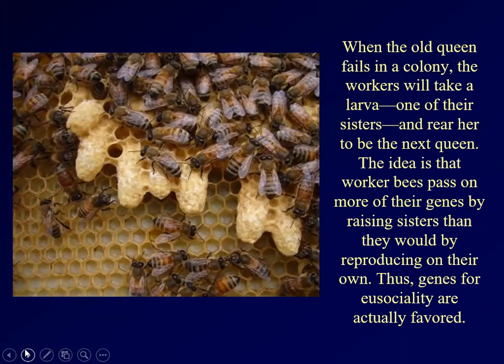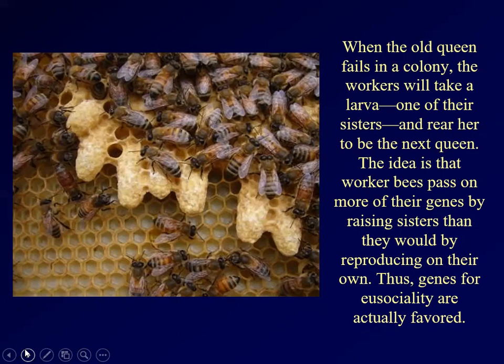Instead of raising the queen larva in an ordinary honeycomb cell, they'll actually construct a queen cell, which looks kind of like a peanut stuck onto the honeycomb. And they will give her extra portions of a special protein-rich food that they produce called royal jelly, and that will trigger her development into a fertile queen.